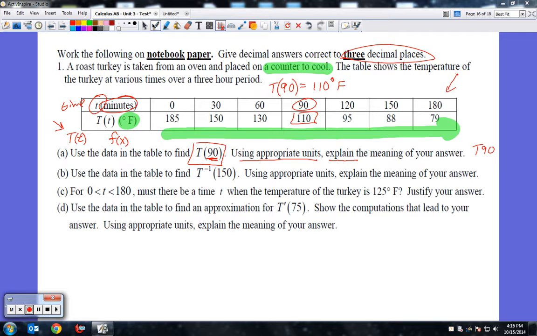Explain the meaning of my answer. That means that this roasted turkey is 110 degrees Fahrenheit at 90 minutes. Meaning the turkey is 110 degrees Fahrenheit after 90 minutes have passed.